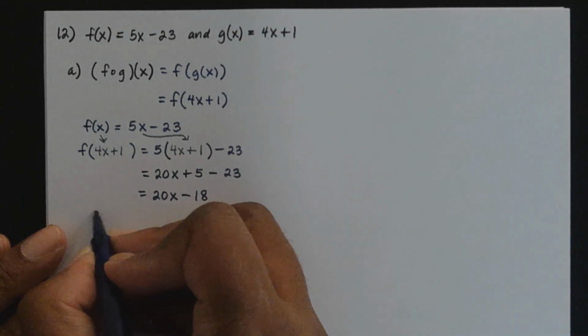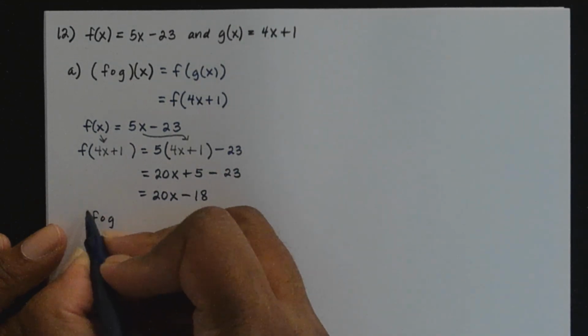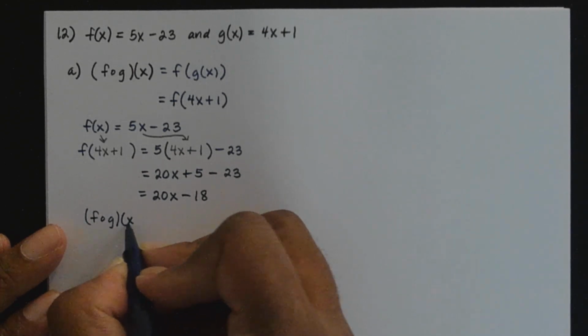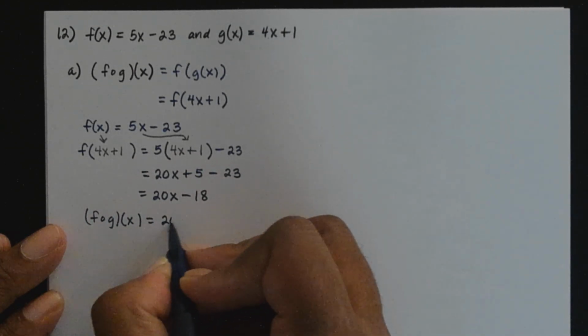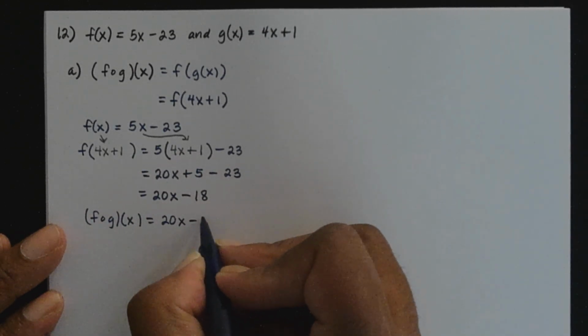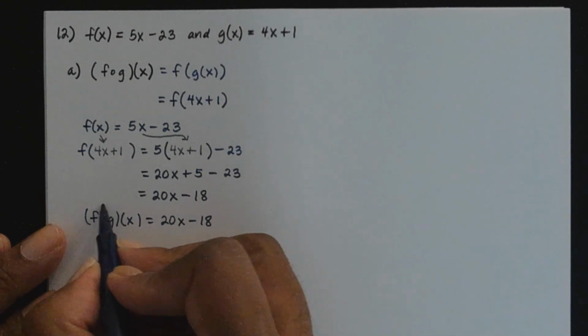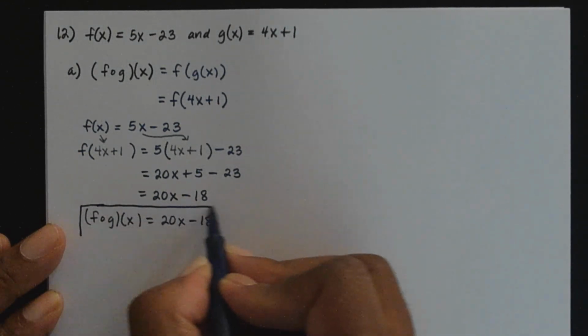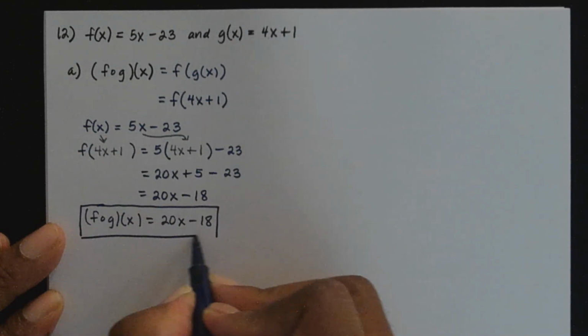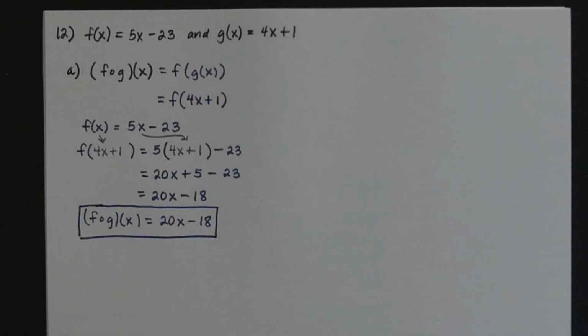So that is the composition of f with g of x. It's equal to 20x minus 18. Okay. Are there any questions about part A?